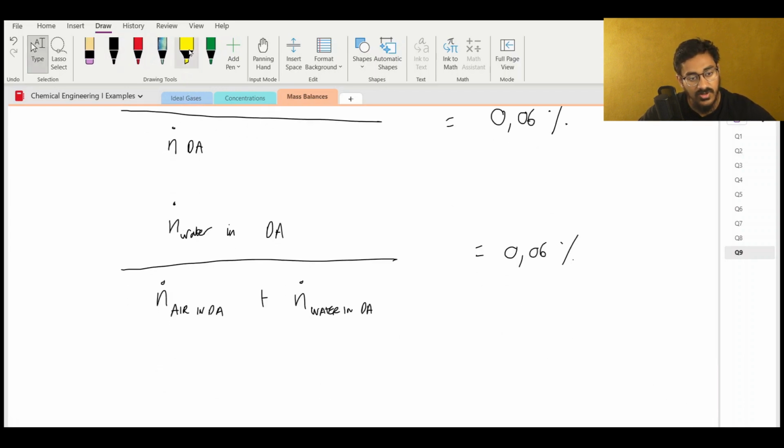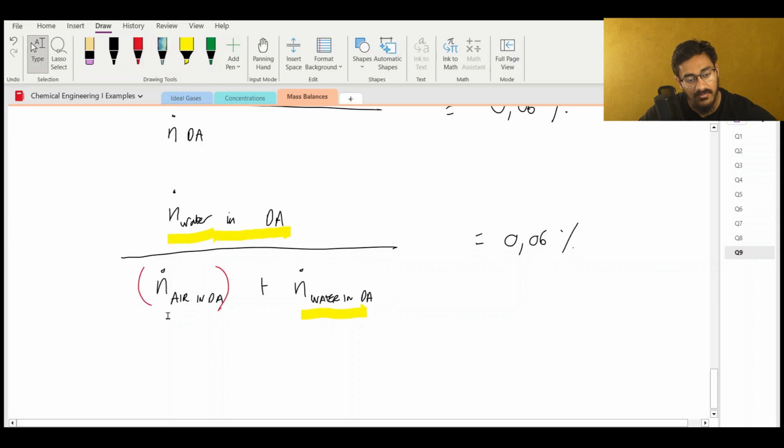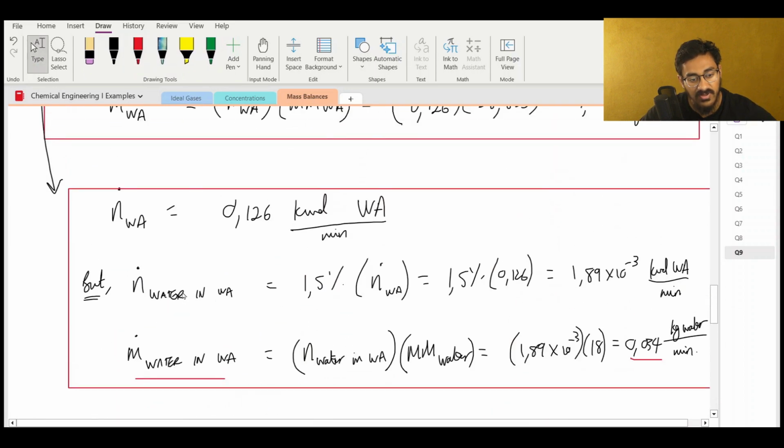Okay, so do you agree the number of moles of water in the dry air stream is unknown, and this is also unknown, right? So this is one variable. So what I can work out is the number of moles of air in the dry air stream. So how many moles of air did we have in the dry air stream?